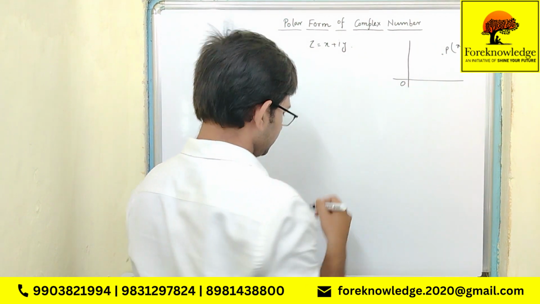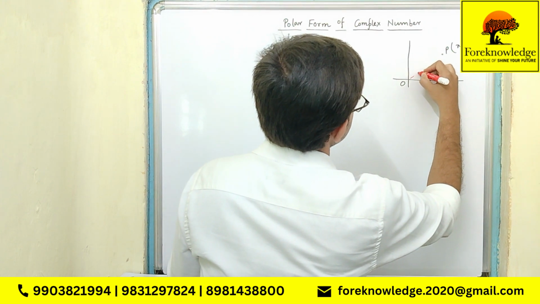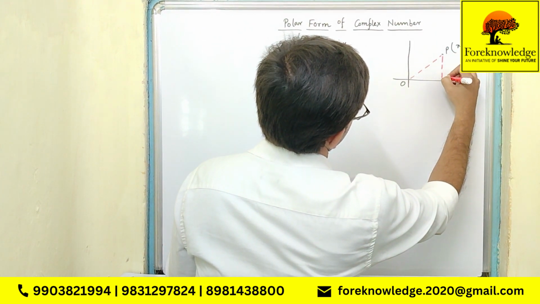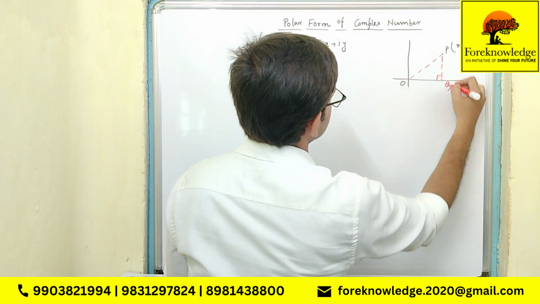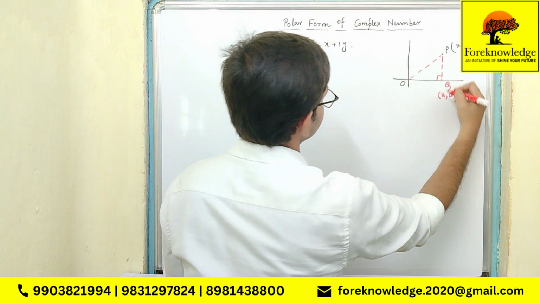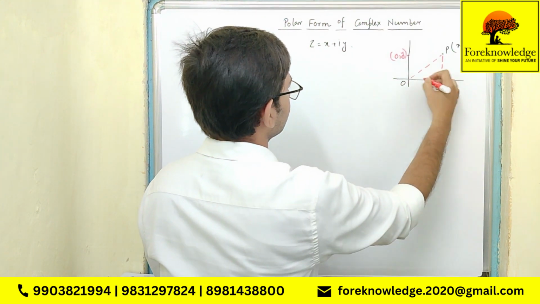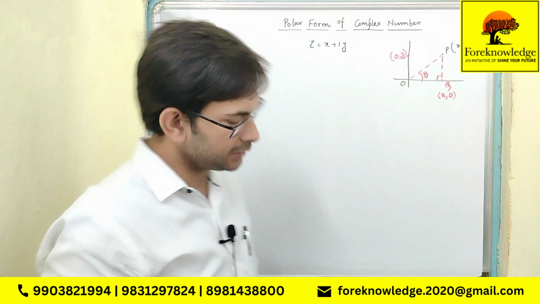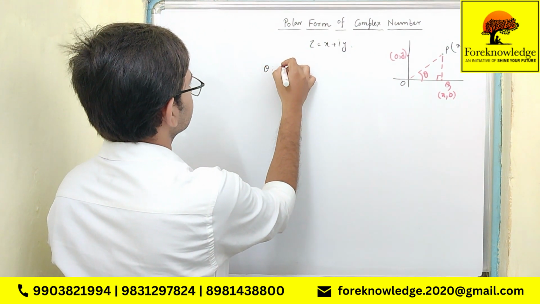This is origin. This is Q. This point is x comma 0. This point is 0 comma y. And this angle is theta. Now we are going to discuss theta, the argument.